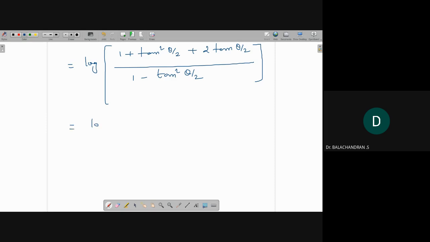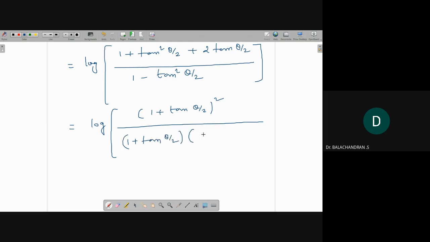So log, 1 plus tan theta by 2 whole square, divided by 1 plus tan theta by 2 into 1 minus tan theta by 2.